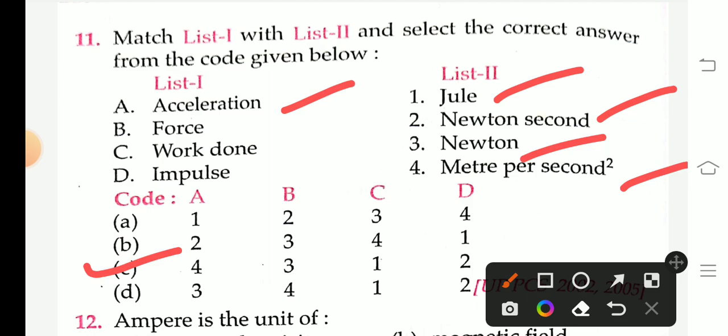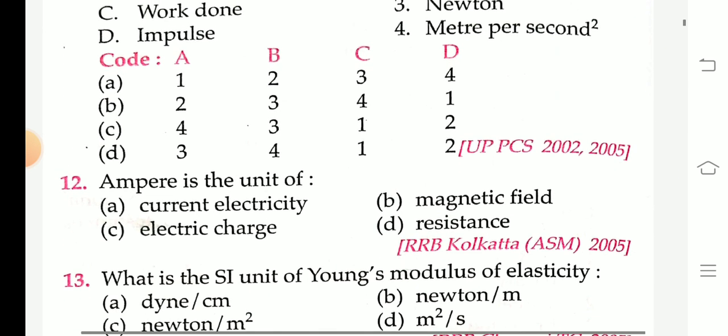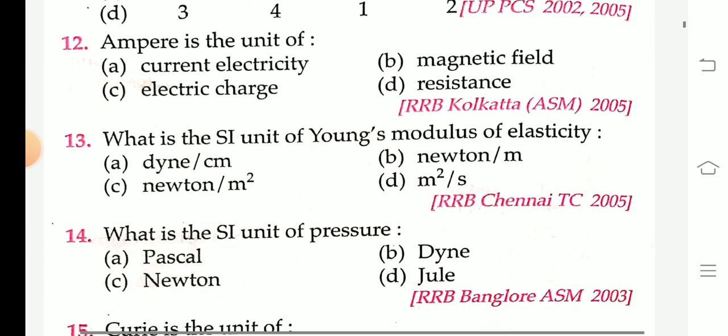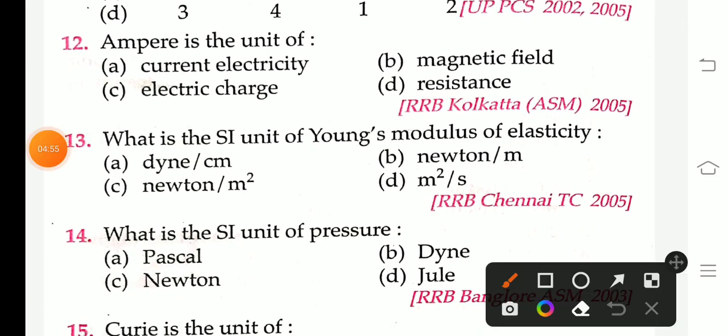Right answer option C. Ampere is the unit of current electricity. What is the SI unit of Young's modulus of elasticity? Newton per meter square. What is the SI unit of pressure? Pascal.